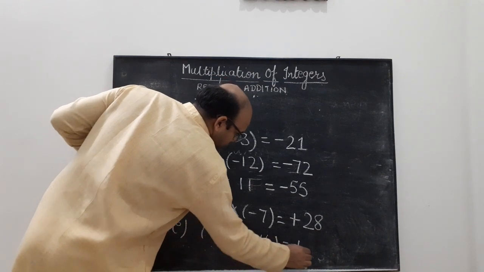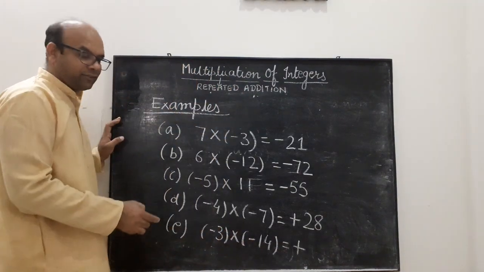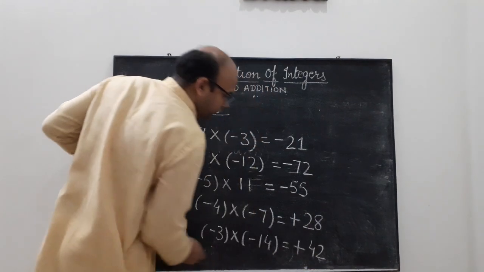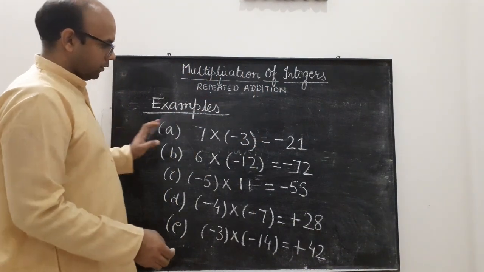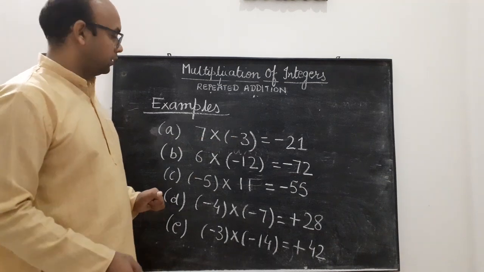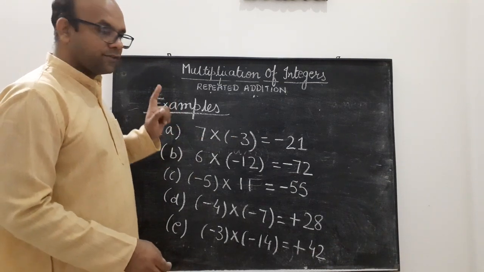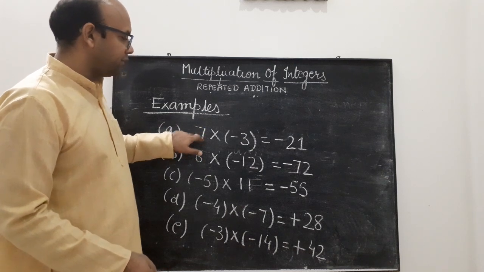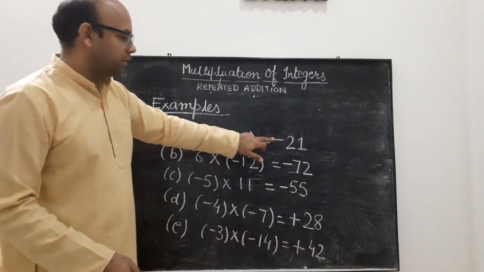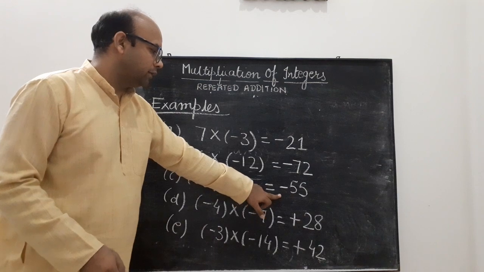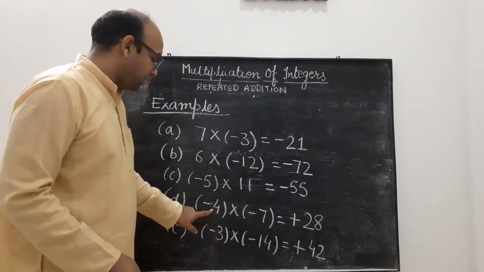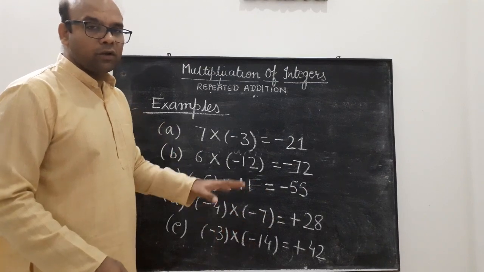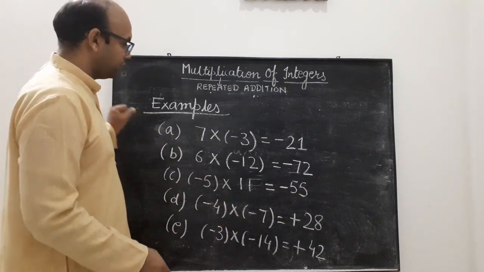We again put a positive sign because both of them are negative. 3 cross 14 is 42. So these are some of the examples. The important thing is we must take care of the sign. If we are multiplying a positive integer with a negative integer, the output has to be a negative integer. But if we are multiplying any two negative integers, the outcome will always be a positive integer.